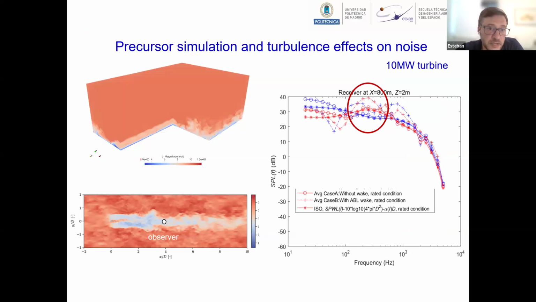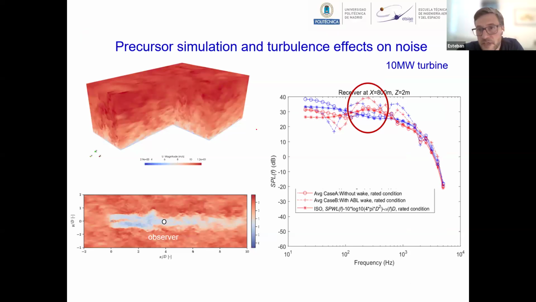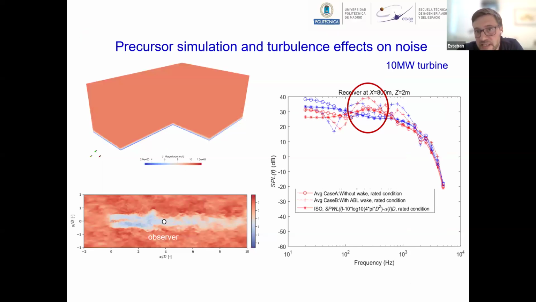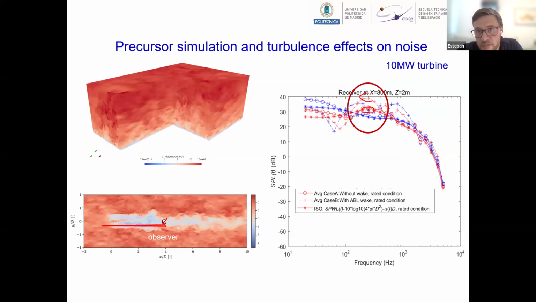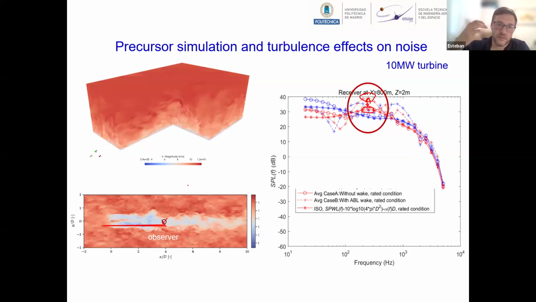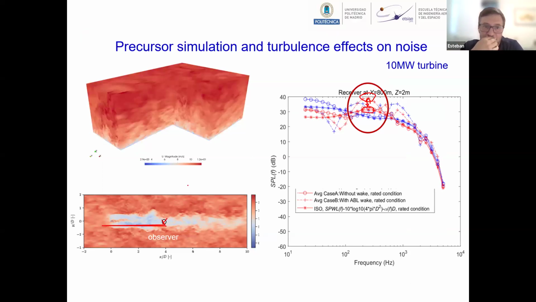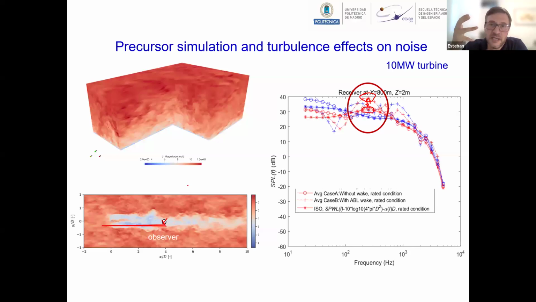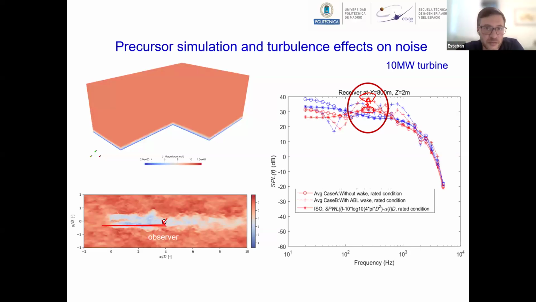Similarly, if we don't include the turbulence, the atmospheric boundary layer, we get an acoustic at the same location, this one, which will be lower than when we include the atmospheric boundary layer. So taking into account the geometry and the precursor simulation to generate the turbulence levels is very important to get the right acoustics.